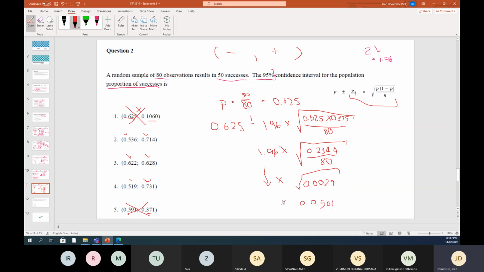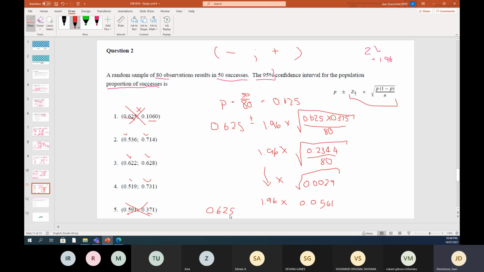If I multiply that by 1.96, so again, there can be mistakes as one multiplies and adds, because depending on if you use brackets or not and which calculator you're using, it is easy to make that mistake.